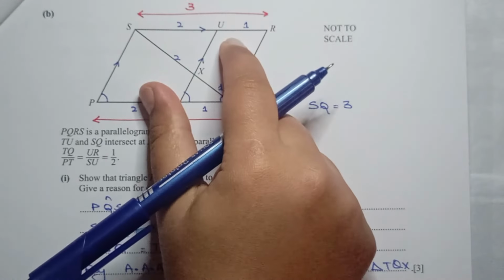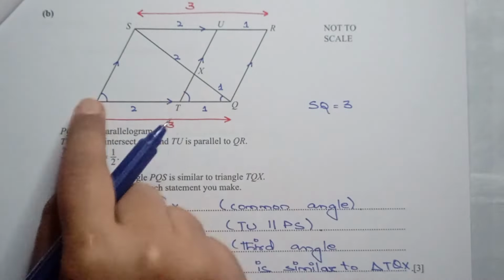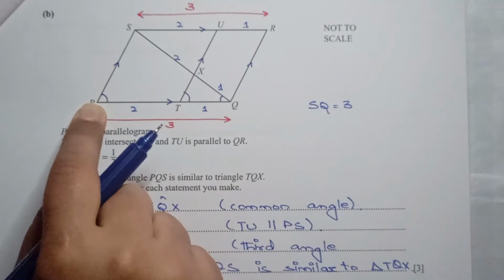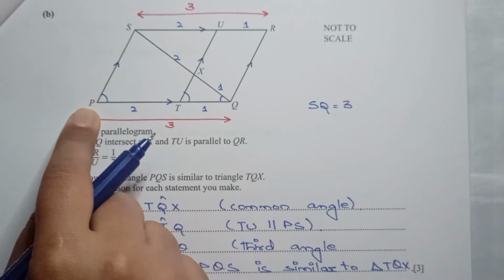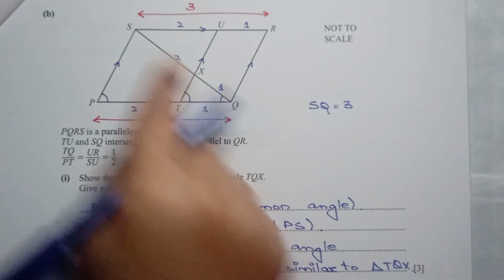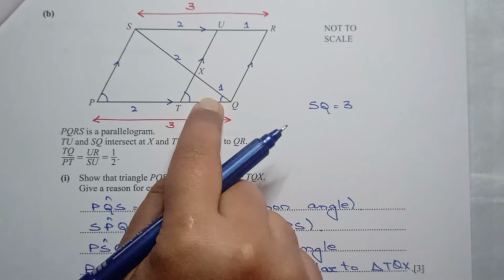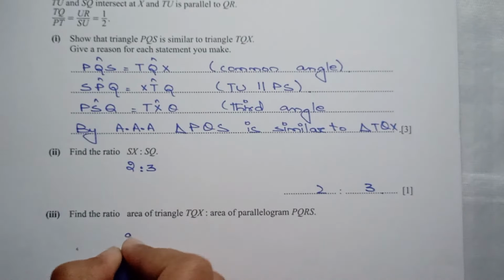For the bigger triangles, the side lengths are 3, and for this smaller one, the side length is just 1, right?